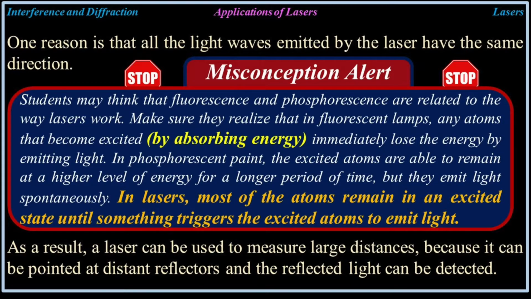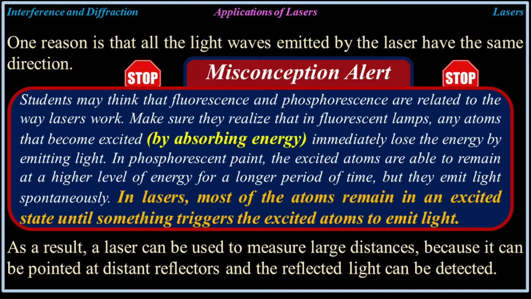One reason is that all the light waves emitted by the laser have the same direction. Let's continue at the bottom. As a result, a laser can be used to measure large distances because it can be pointed at distant reflectors and the reflected light can be detected.